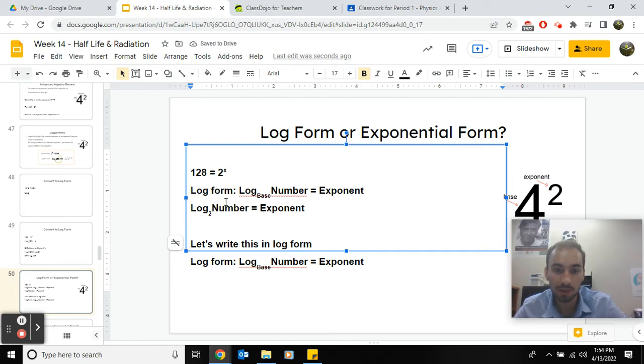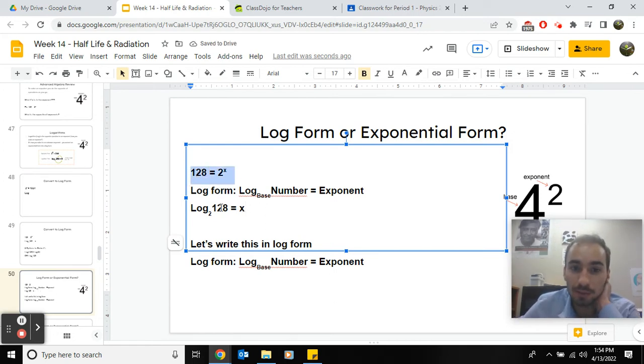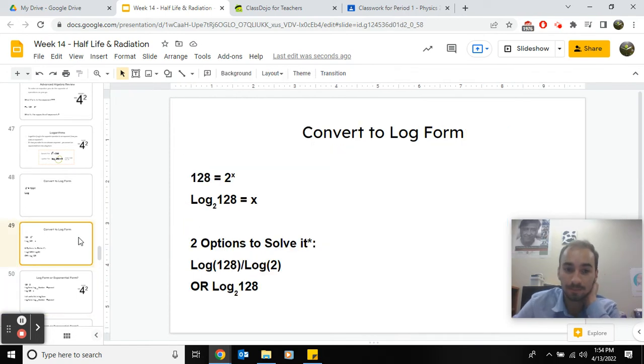So the 2 gets pushed down, and then the 128 and the x swap spots. So log 2 128 equals x. That's how you convert this one into log form. Now the 2 will be next to the 128, and the x will be on the other side.